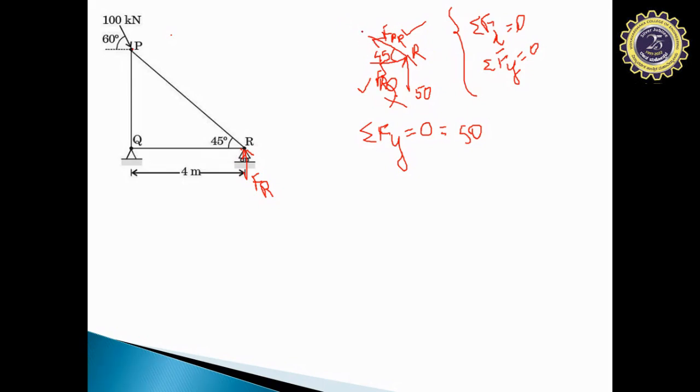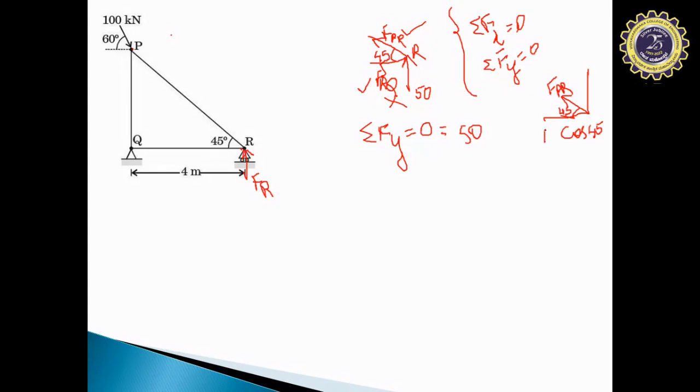Since this is tensile and inclined force, this inclined force needs to be resolved. Let us resolve it into x and y components. This is our force FPR. If we resolve it into x and y components, this is 45 degree. We already said that the angle is made with horizontal axis, hence cos component goes to the horizontal axis.